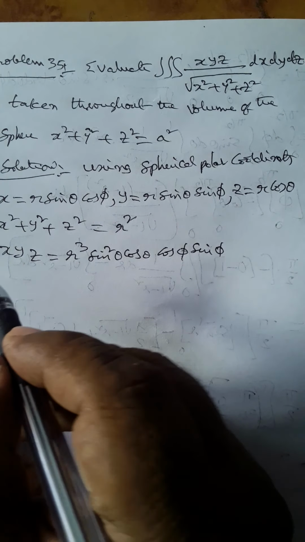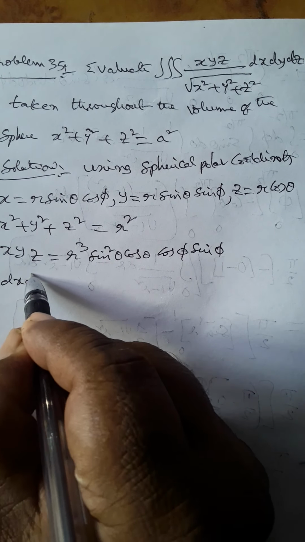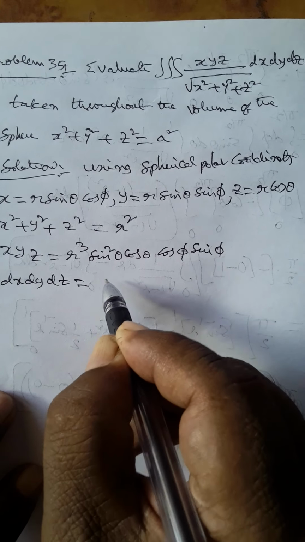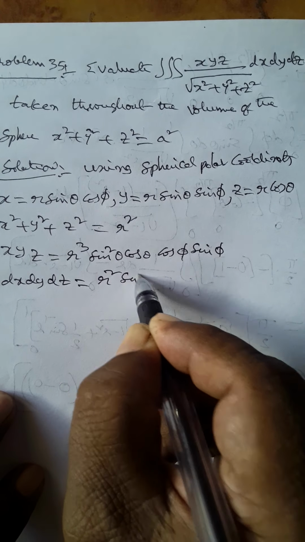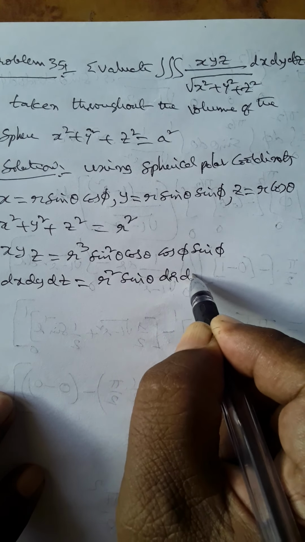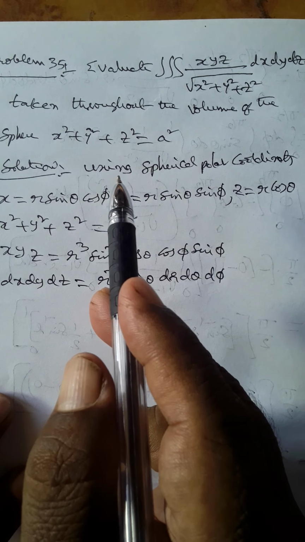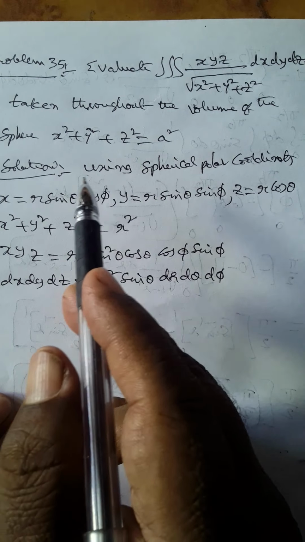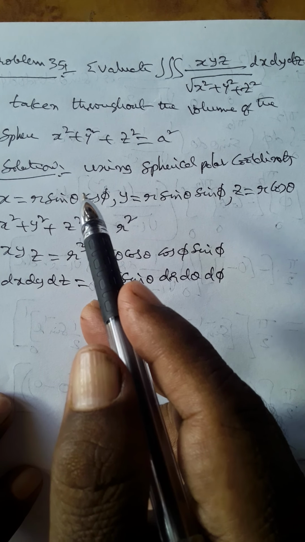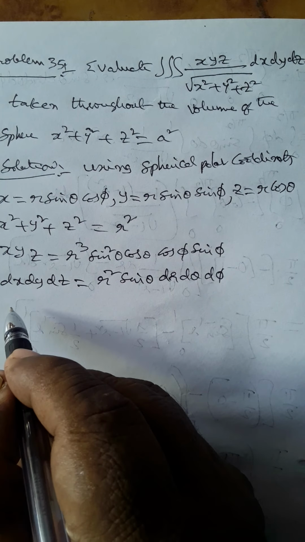Observe the above problem. dx dy dz is r square sin theta dr d theta d phi. Here this is not the positive octant. Throughout the volume, you have to write the actual limits.